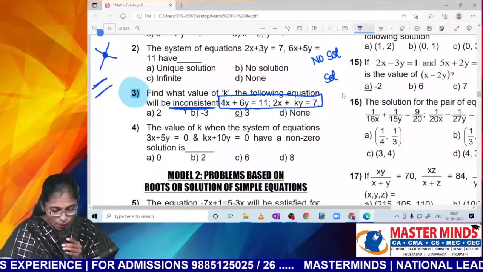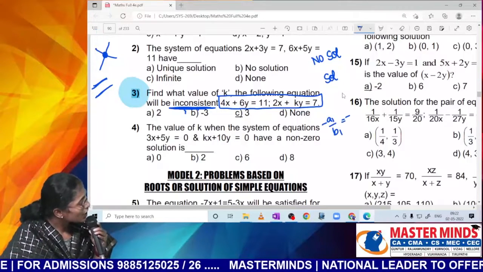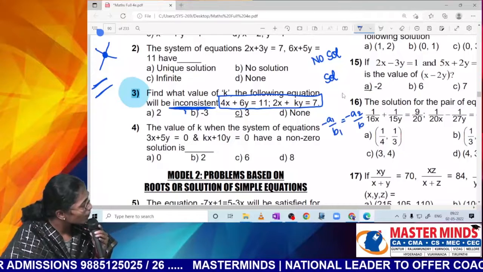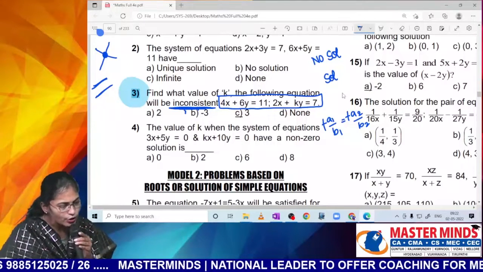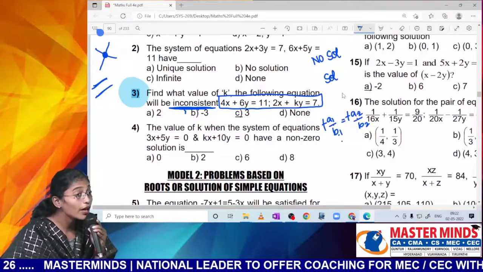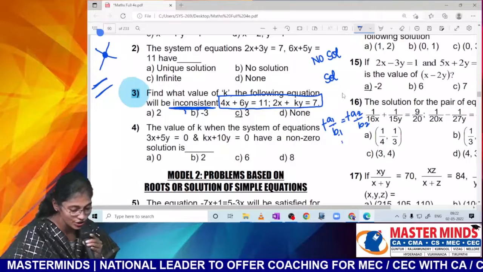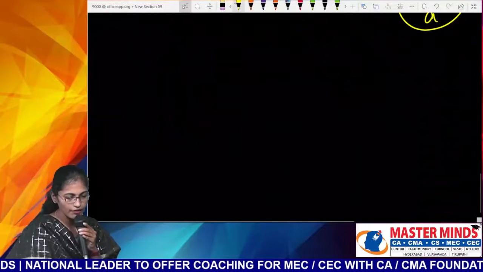So the slope of the first line is minus a1 by b1 and the slope of the second line is minus a2 by b2. So cancel the minus minus, and take this a2 to the left side and b1 to the right side, then you will definitely get your formula: a1 by a2 equals to b1 by b2.